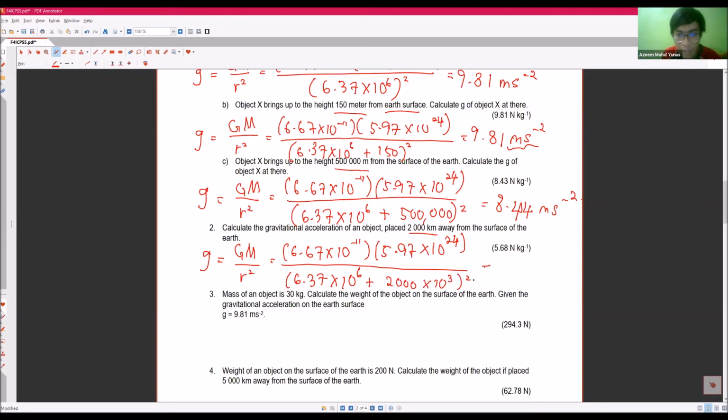So kilometer, the prefix is 10 to the power of 3. So plug that into our calculator carefully. 6.37 times 10 to the power of 6 plus 2,000 times 10 to the 3. And then we get, oh yeah, I forgot to square.